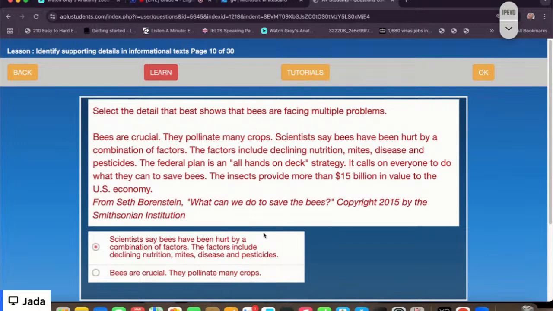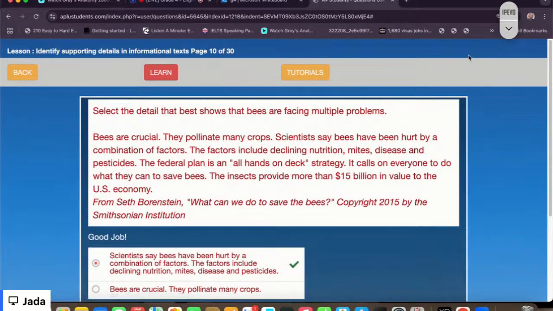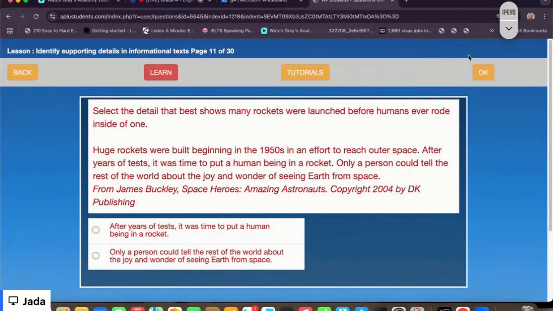Option 1. All right, good job. So select the detail that best shows many rockets were launched before humans ever rode inside of one. The first or second?